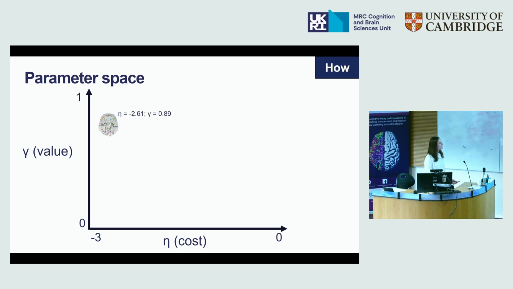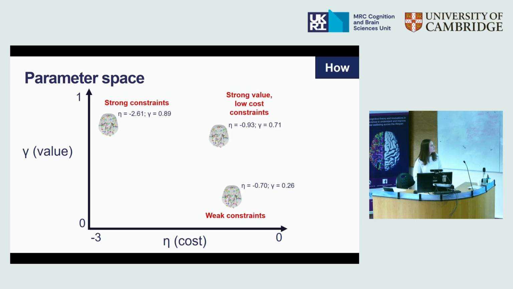So for example, if we grew a simulation from this area, the parameter space, this would be highly constrained for both cost and value. Whereas if we grew a model from this parameter pairing, which is low constraints for both cost and value, the second model would be a little bit closer to a randomly organized network. We could also try a strong value parameter and a weak cost parameter, which would mean this model would be driven more by selecting for topological value than cost minimization.